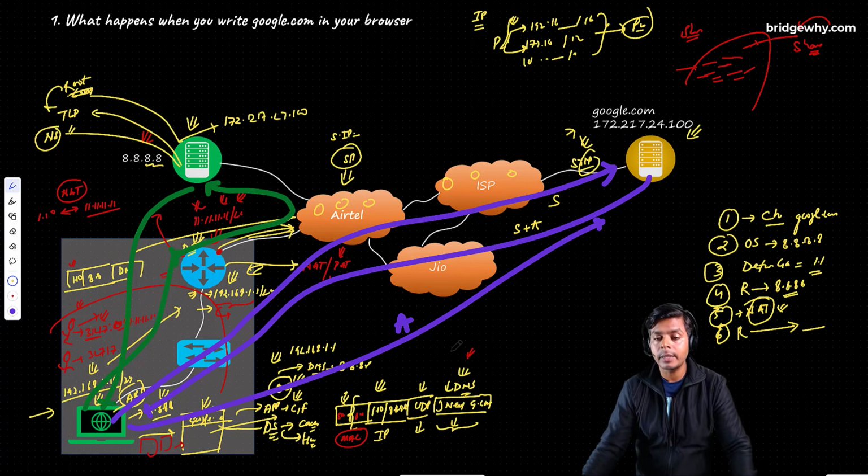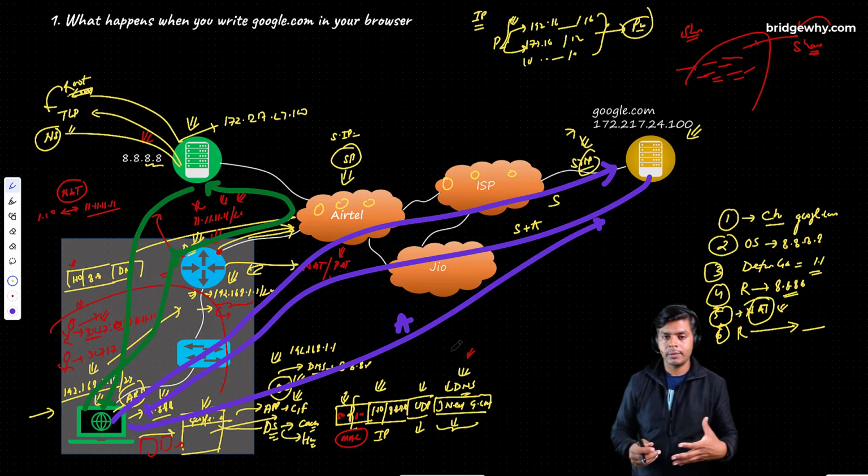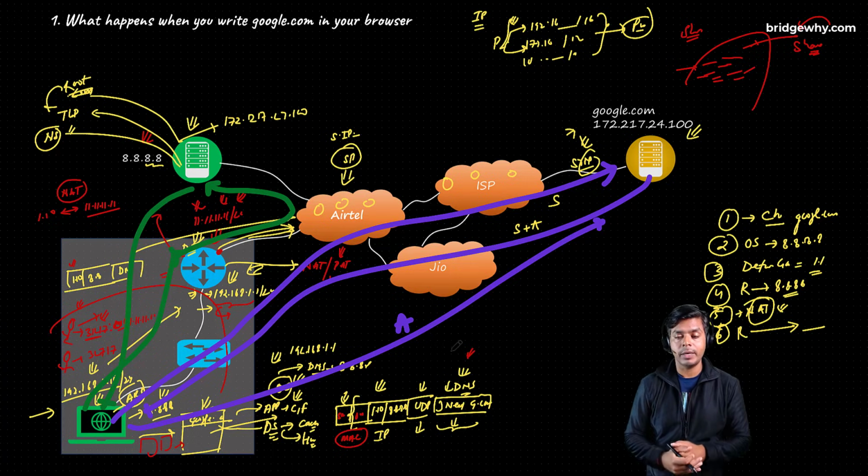Then you will reply with another message known as ACK, and the three-way handshake is done. By the way, we have a complete video on TCP in this interview preparation series only.